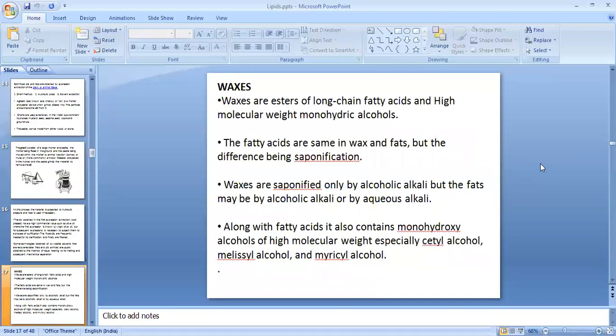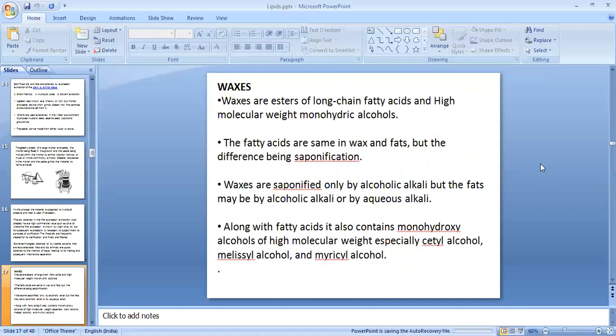And another class of lipid apart from fixed oil and fat are the waxes. These waxes are nothing but the esters of long chain fatty acids with high molecular weight monohydric alcohols.